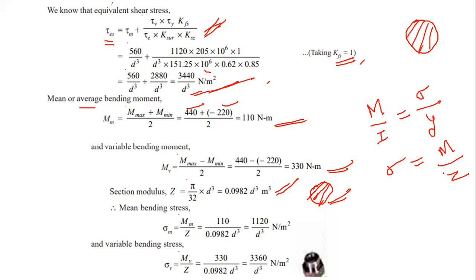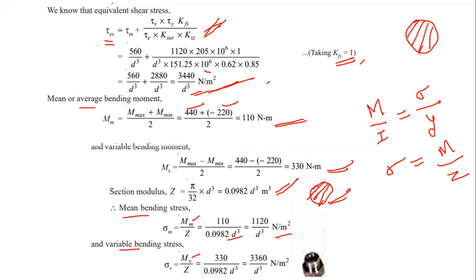For determining the mean bending stress, you have to substitute the mean bending moment. For determining the variable bending stress, you have to substitute the variable bending moment. So here mean bending stress equal to Mm by Z, 110 by d cube into 0.0982.